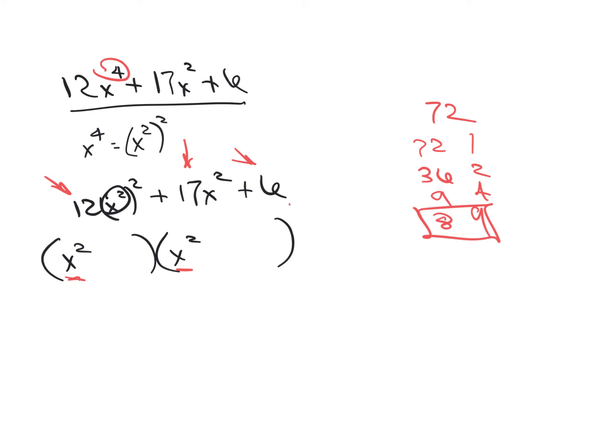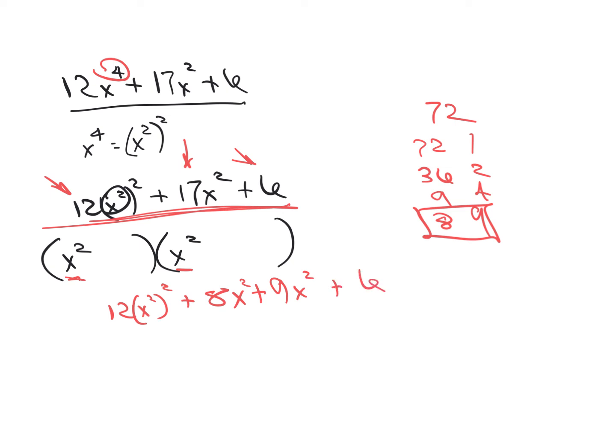So let's go ahead and write this whole thing using the 8 and 9. 12x squared, and I'm going to leave that in parentheses, plus 8x plus 9x squared plus 6.